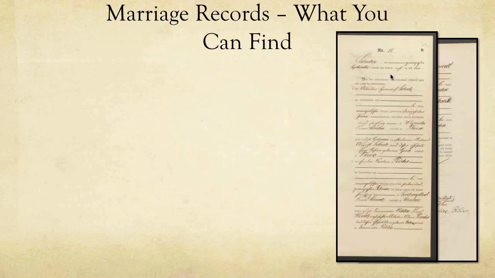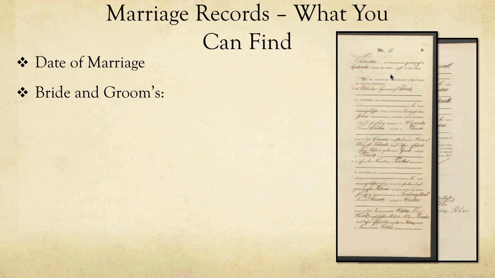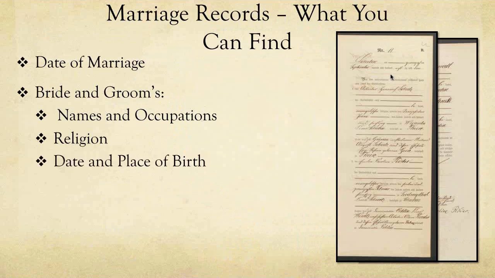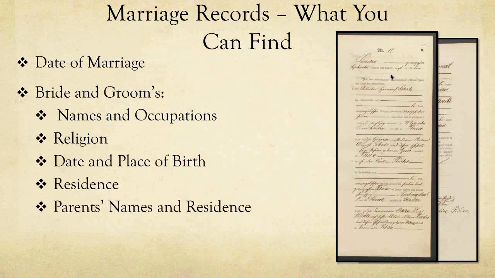What can you find on these marriage records? You can find the date of marriage, and then a lot of information about the bride and the groom. Their names and their occupations, if a female had one, their religion, their dates and places of birth, their places of residence, their parents' names, and their parents' places of residence.